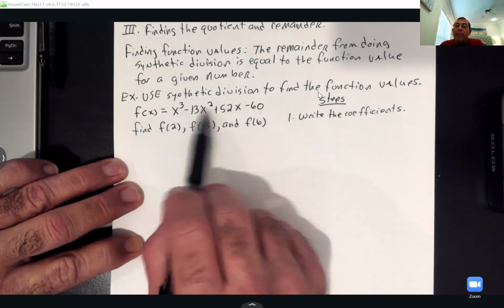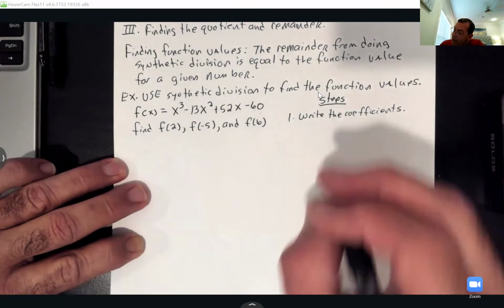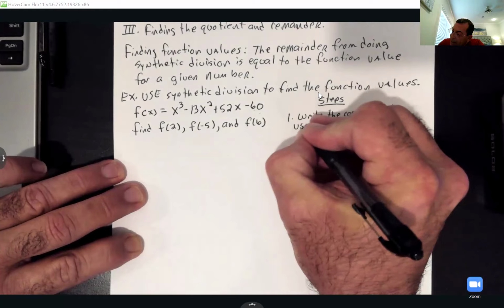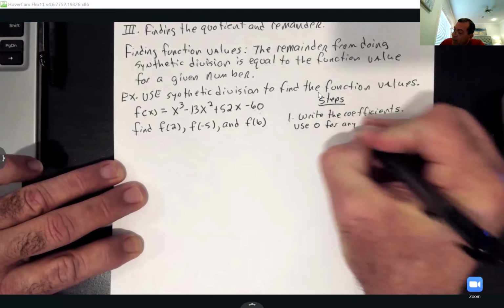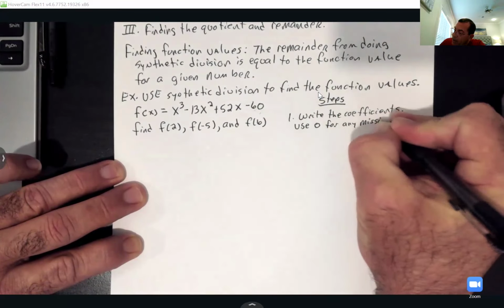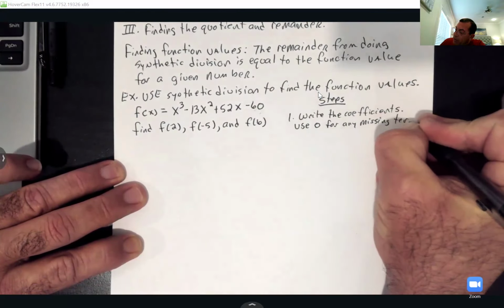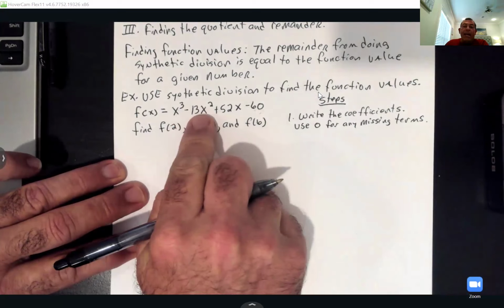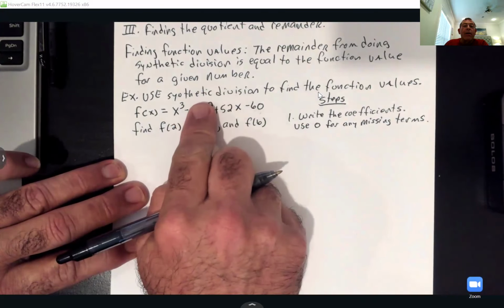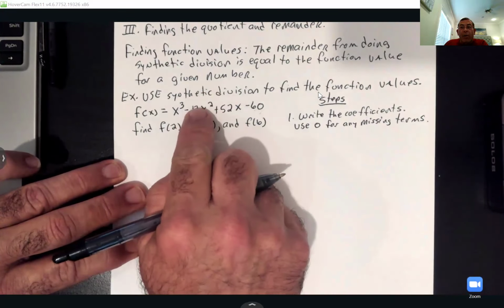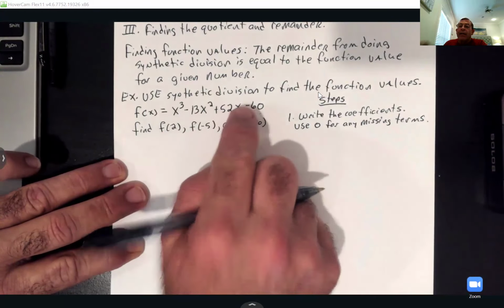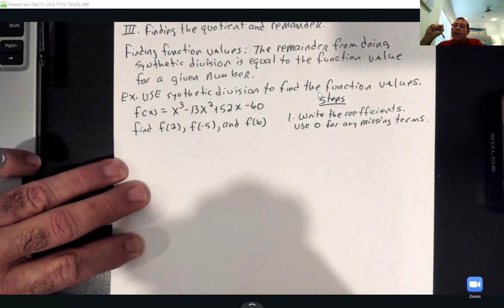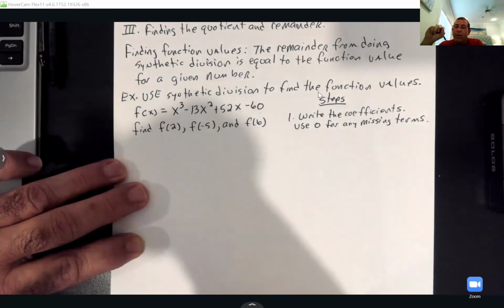If any of these were missing, I would have to use a zero. So I'm going to write that down. Use 0 for any missing terms. So if this didn't have a 13x squared here, my second number would be a 0, okay? You gotta put placeholders if any of your exponents are missing from that descending order.